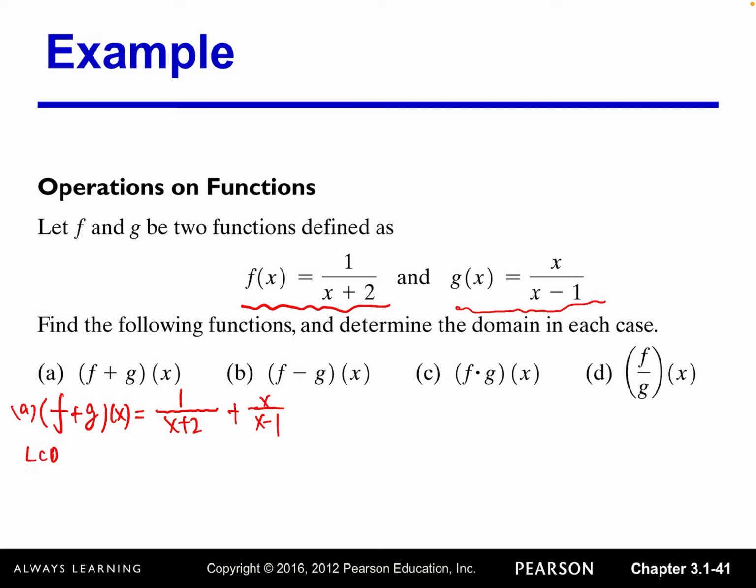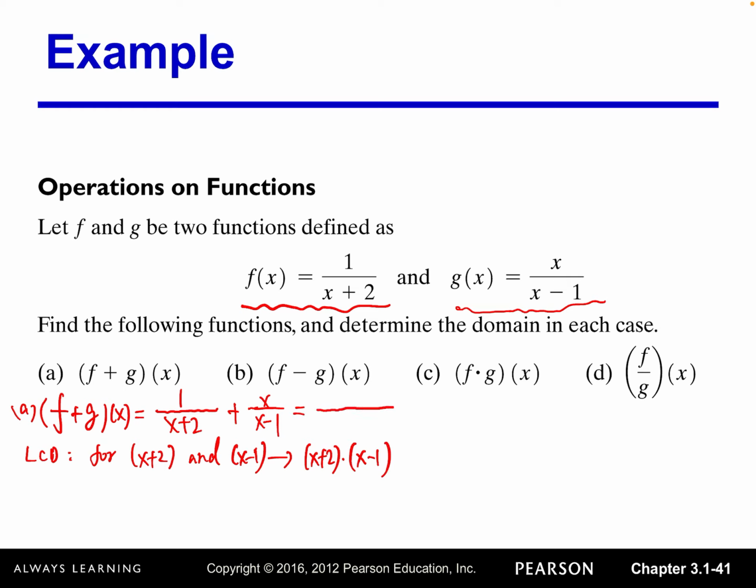The LCD for the factor x plus 2 and the factor x minus 1 is just these two multiplied together, which is x plus 2 times x minus 1, because there's nothing common to both binomials.